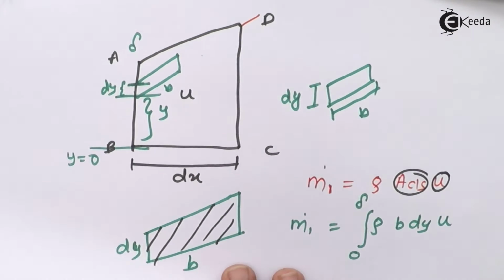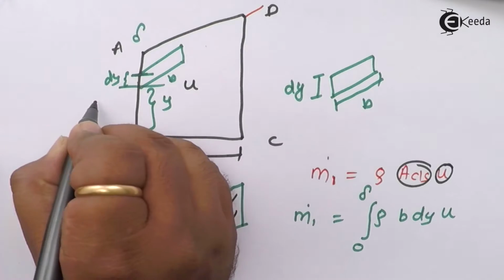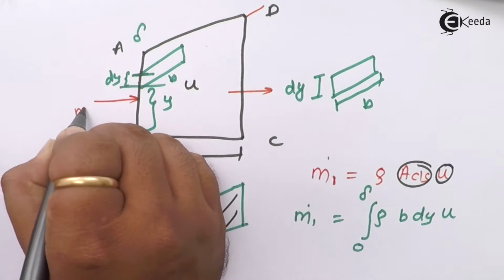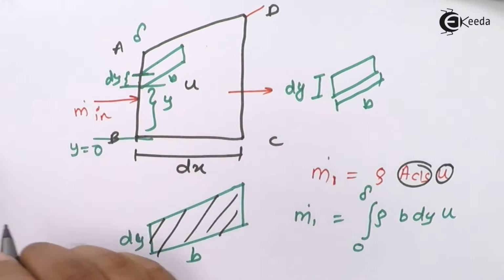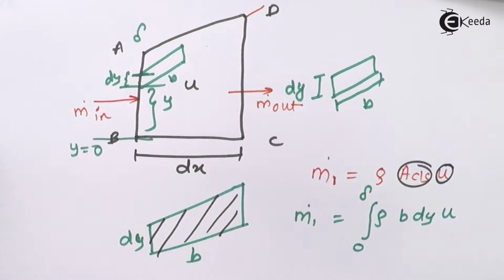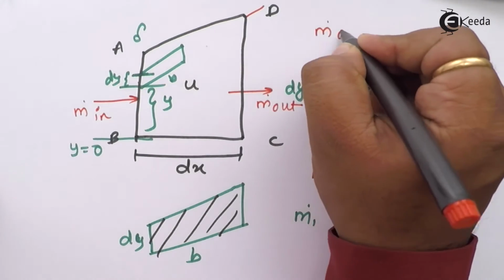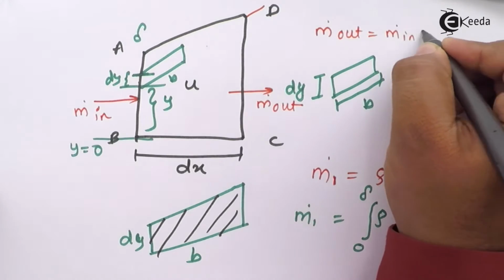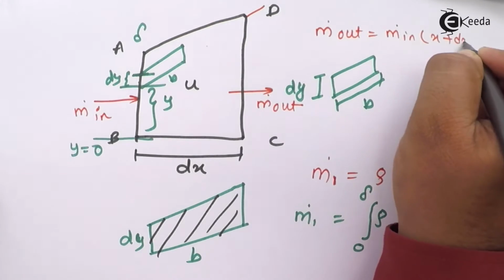Now that mass flow rate can be calculated as, this is the mass flow rate which is coming inside, and this will be the mass flow rate which will be leaving. So the mass flow rate which is leaving can be written as m dot out, which is m dot in at x plus dx.